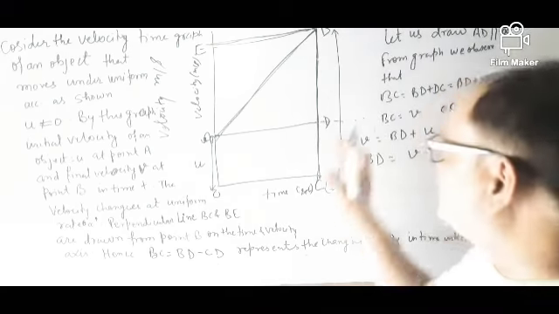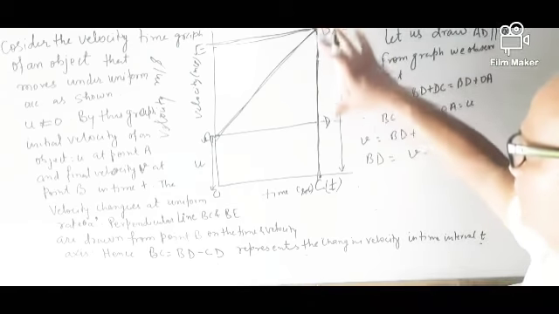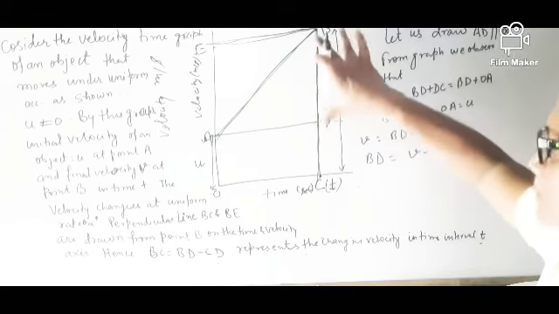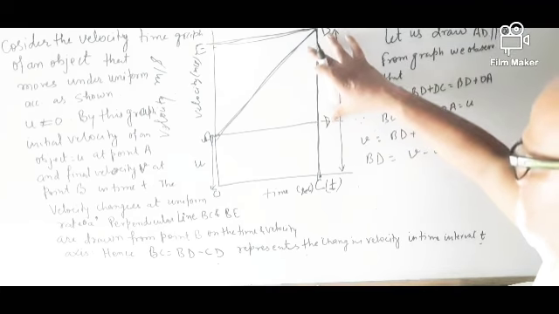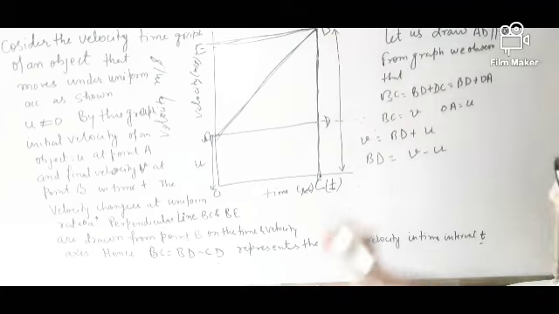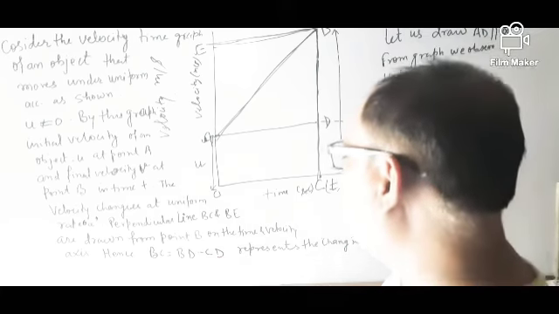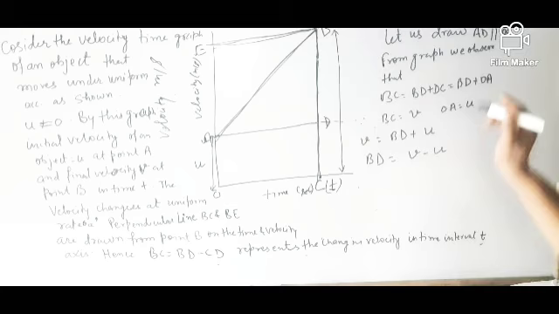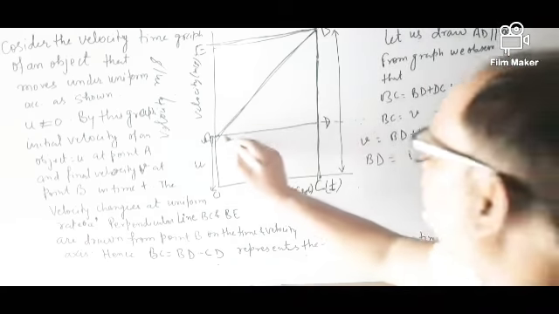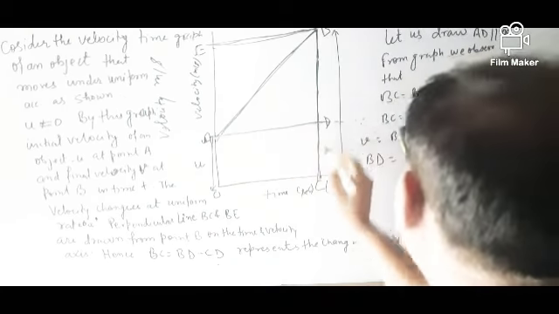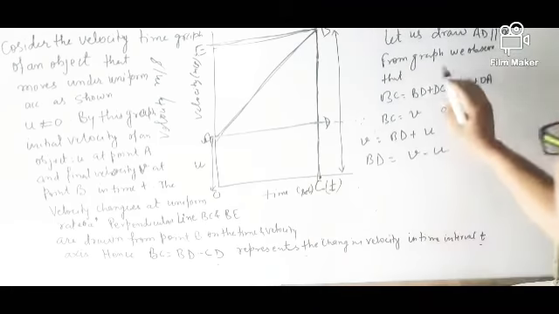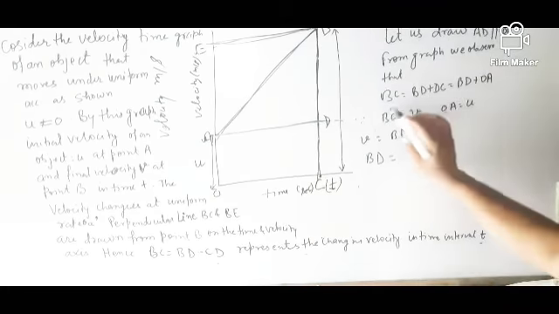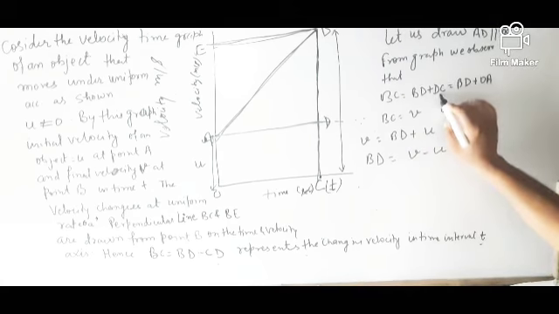So BC is equal to what? BC is equal to BD plus CD. Let us draw AD, which is parallel to OC. From the graph we observe that BC is equal to BD plus DC.